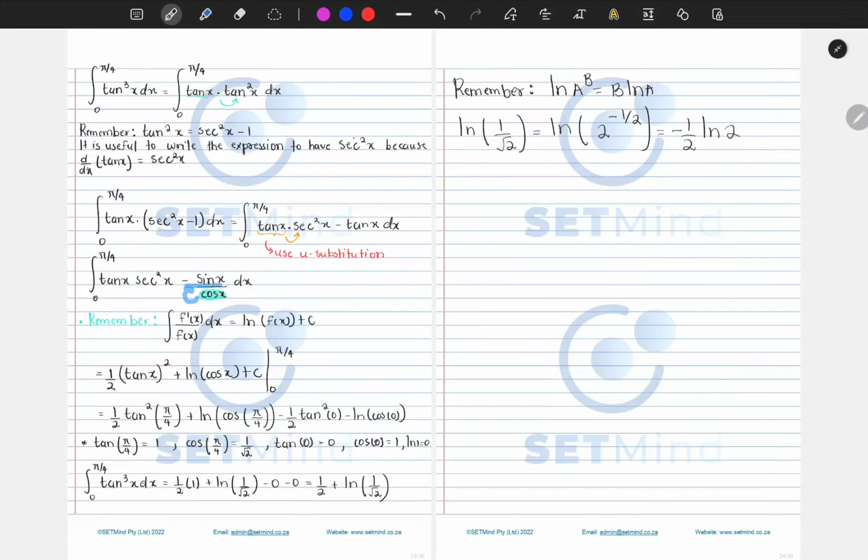So we can write our final expression like that. Our final answer can be left as the integral of tan cubed x dx equals a half minus another half ln of 2.